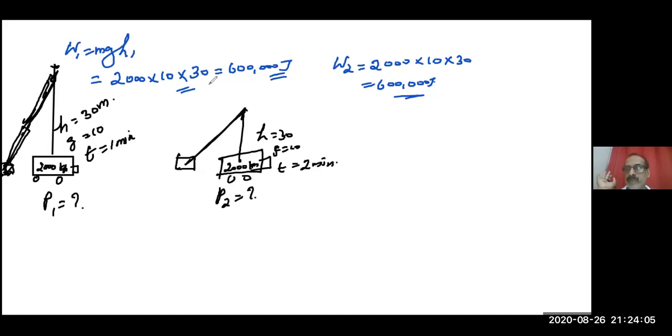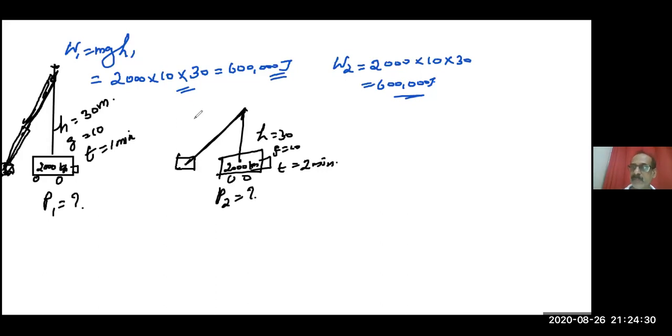Any doubt? The amount of work both cranes do shows how much fuel they consume, because work means energy, and energy cannot be created. It should be supplied from something, so fuel is supplying the energy.